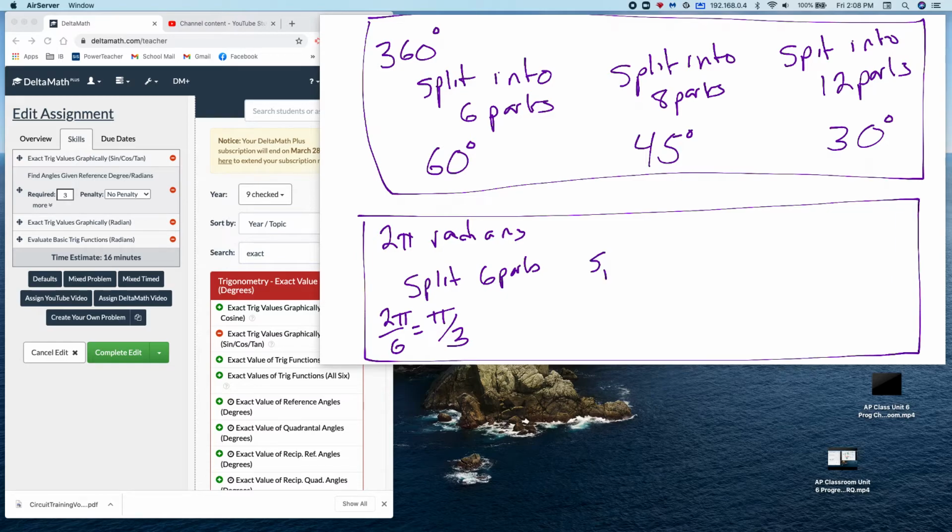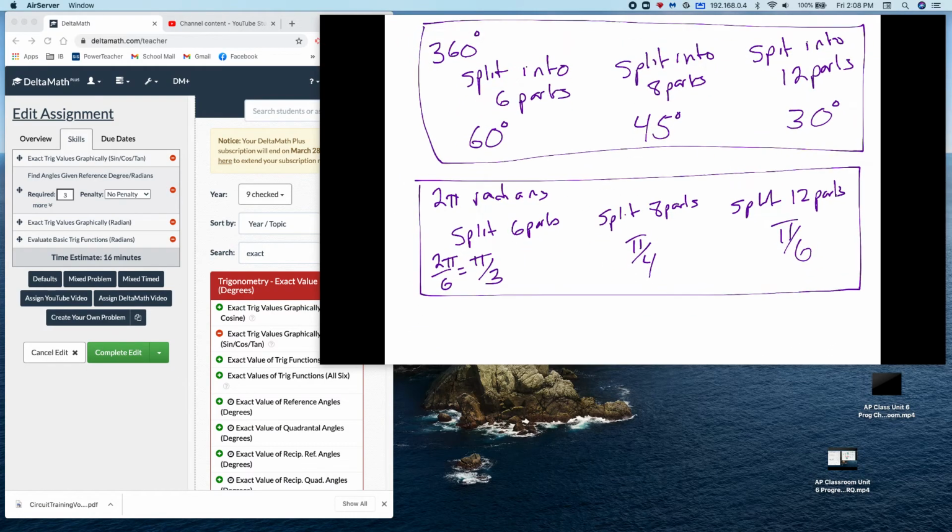If you split it into 8 parts, it would be pi over 4. If you split it into 12 parts, it's pi over 6.